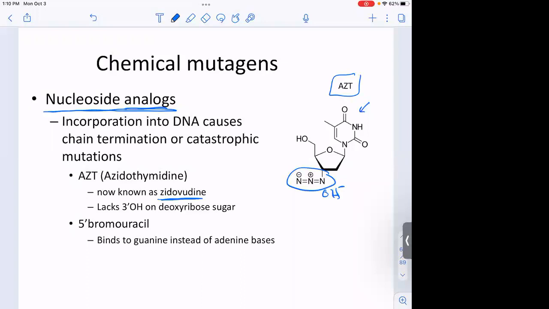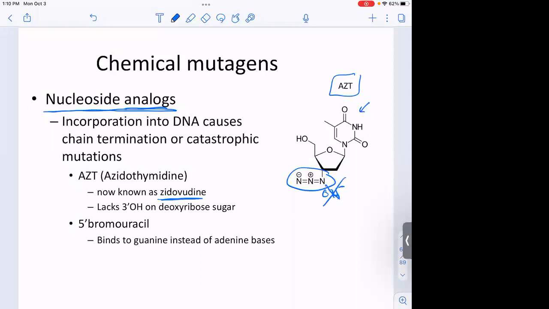They would include AZT just like they would a thymidine nucleotide, and it doesn't have that 3' hydroxyl group, so it essentially terminates replication. It can't keep going. So when that gets incorporated, that's supposed to slow down the replication of the virus.